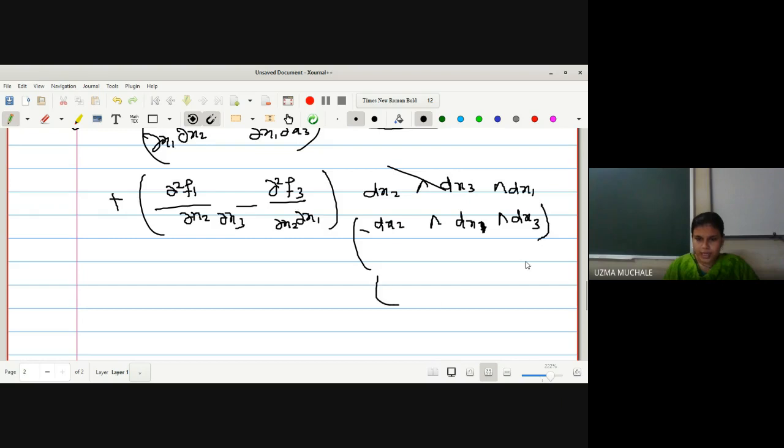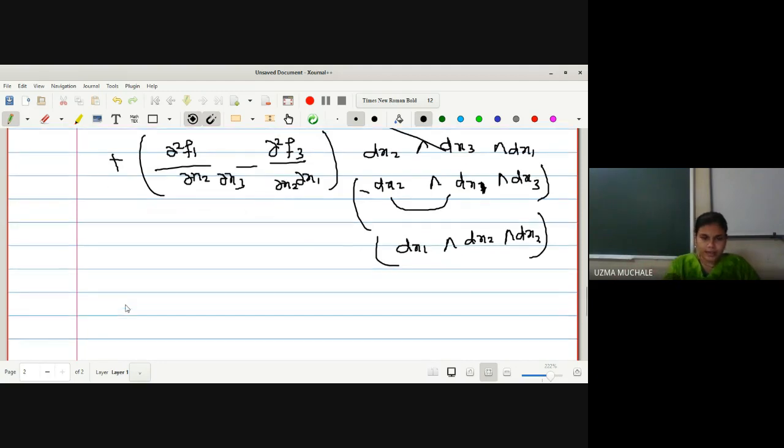If I again interchange the position of these two, again this negative negative become positive, and here, sorry, dx1 wedge product with dx2 wedge product with dx3. Again negative negative become positive, again there is no change of sign. Okay, so now all are with the same wedge product dx1 dx2 and dx3. Okay, so let us evaluate the term.